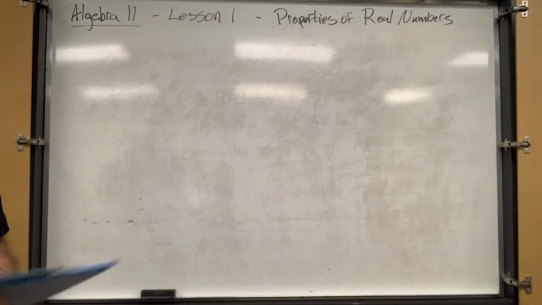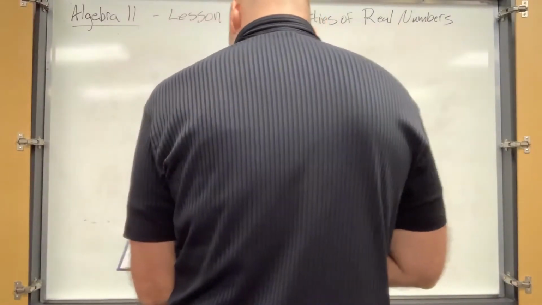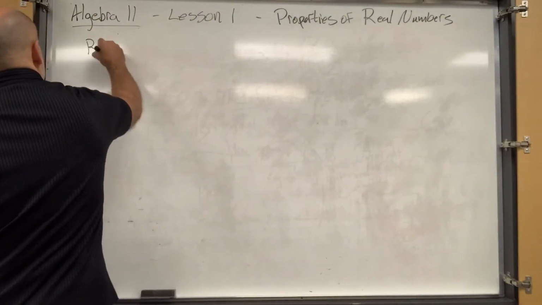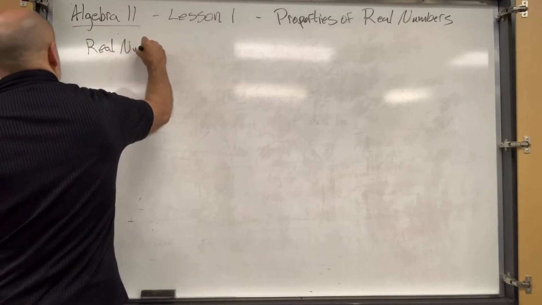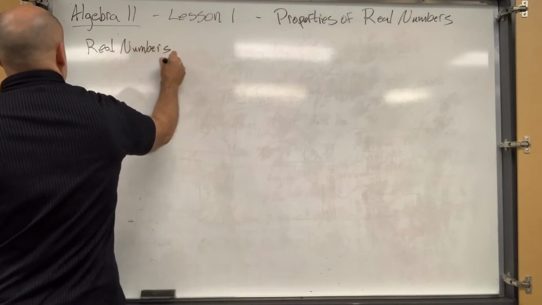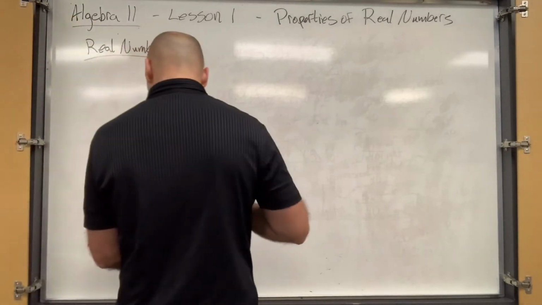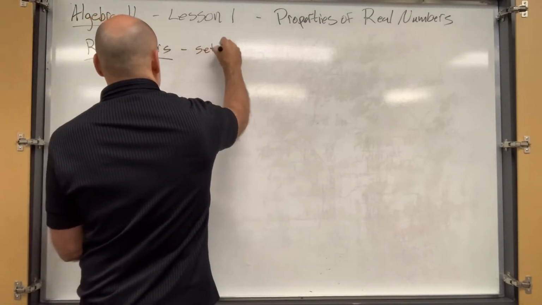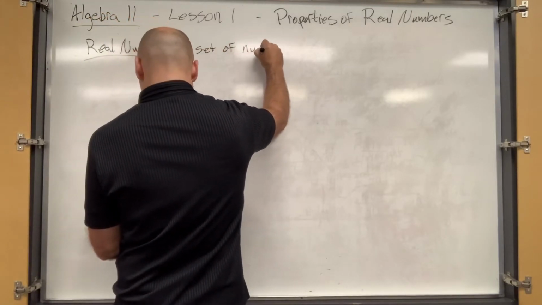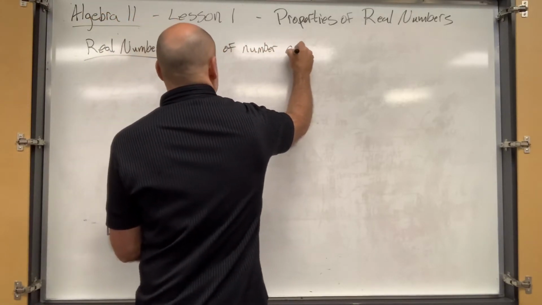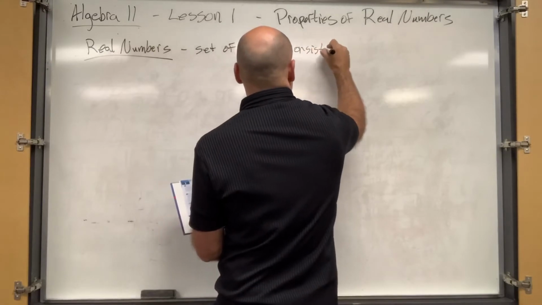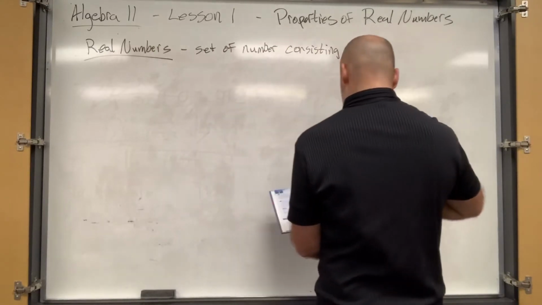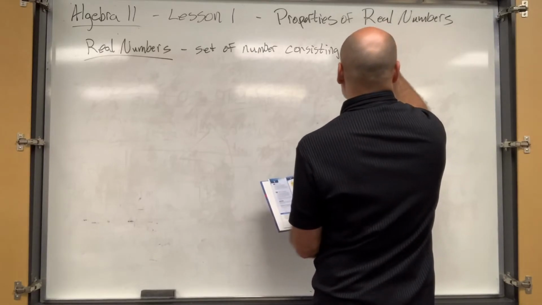Okay, so let me give you some definitions. So real numbers, and believe it or not, there are numbers that aren't real. We're going to talk about those later. So real numbers, basically a set of numbers consisting of several subsets of numbers.